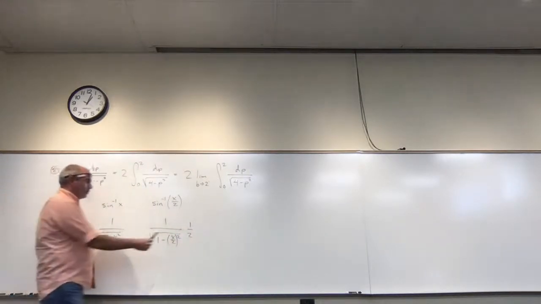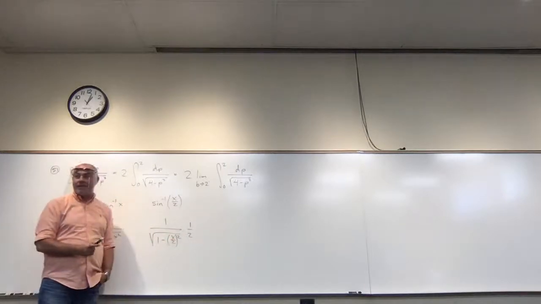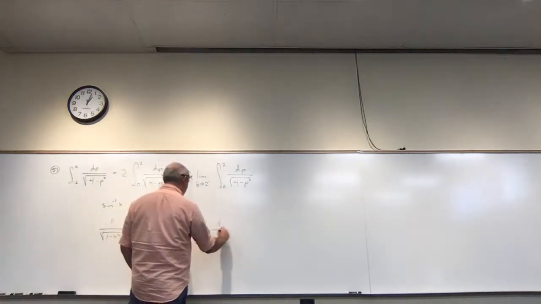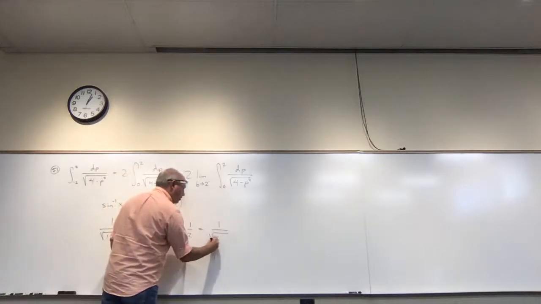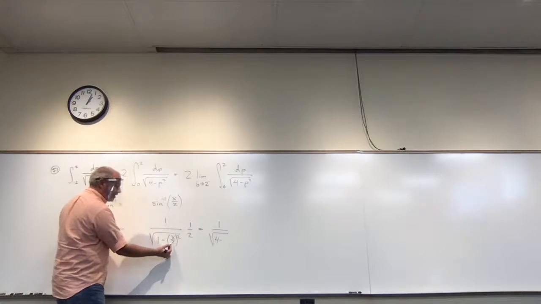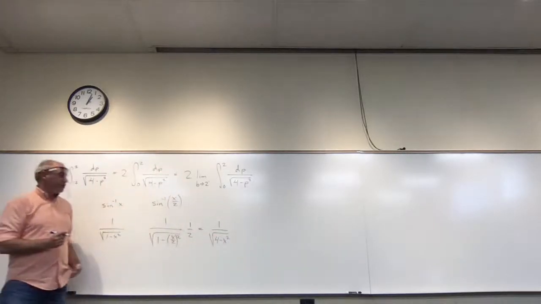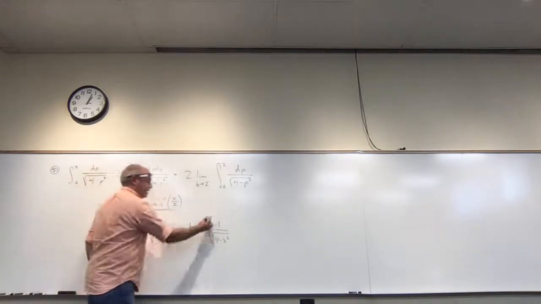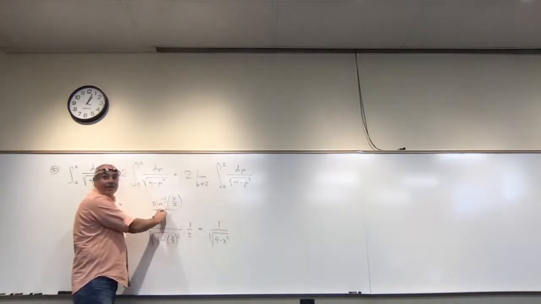Now, if I took that 2 and put it inside the square root, it would be a 4. So this would be 1 over the square root of 4 minus, and then 4 on top and 4 on bottom cancel, and I just get x squared. So do you see that the derivative of this guy is here? So the antiderivative of this guy is here.